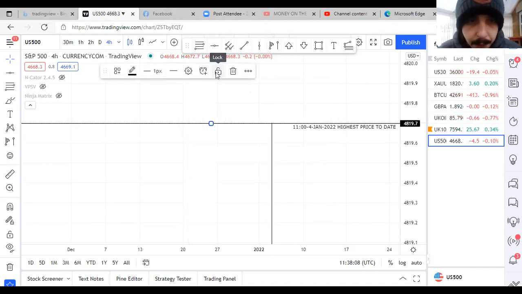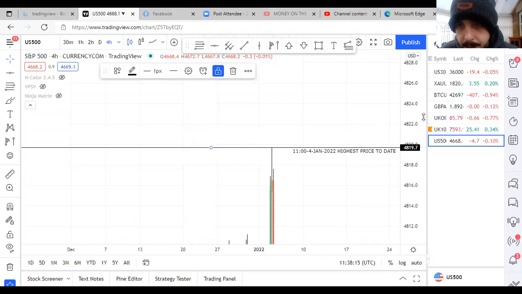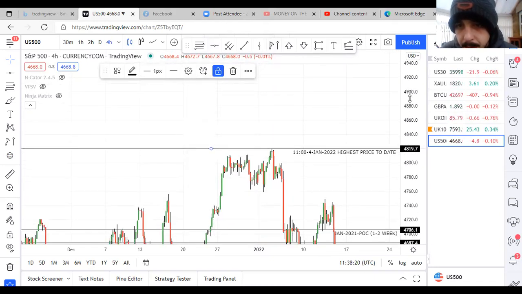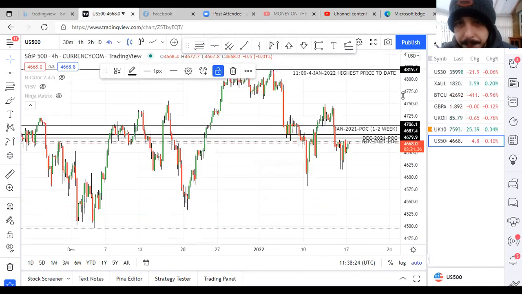Okay, lock it off. Starting to build up an area where we feel comfortable trading.